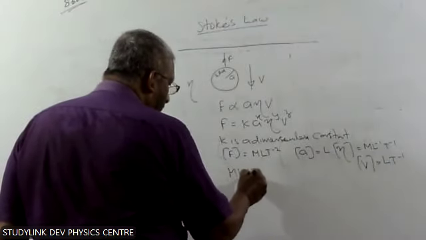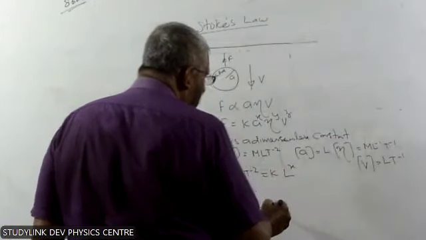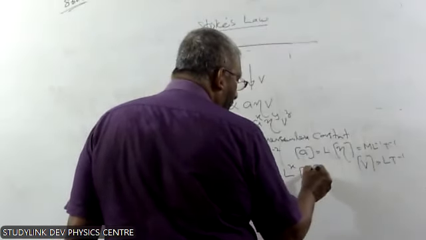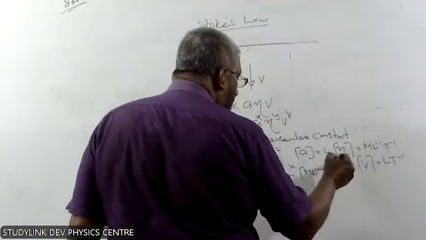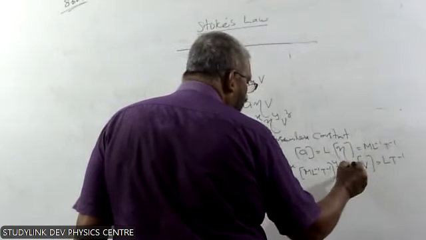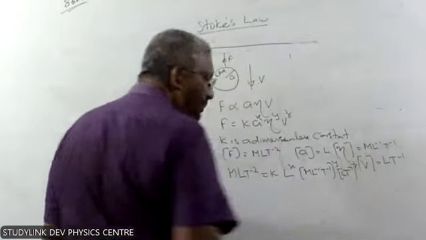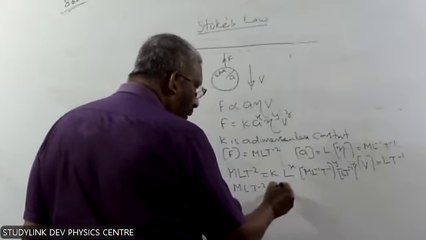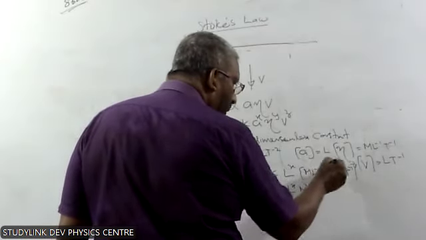M L T^-2 is equal to K, L to the power x. There is no need to write brackets. Next one, eta, M L^-1 T^-1 to the power y, and L T^-1 to the power z. Now this is M L T^-2 equals K L^x M^y L^-y T^-y L^z T^-z, multiplication of the powers.